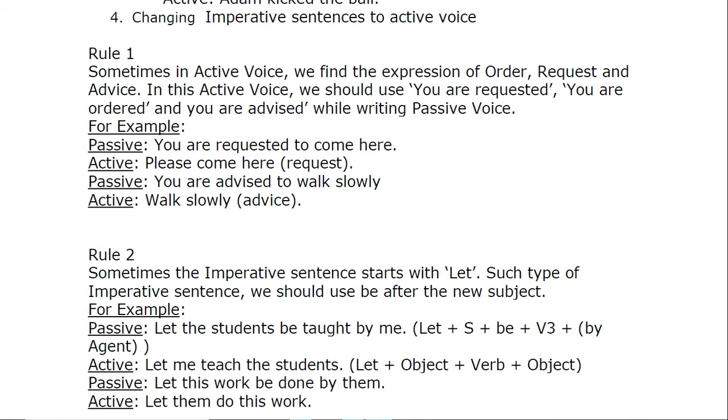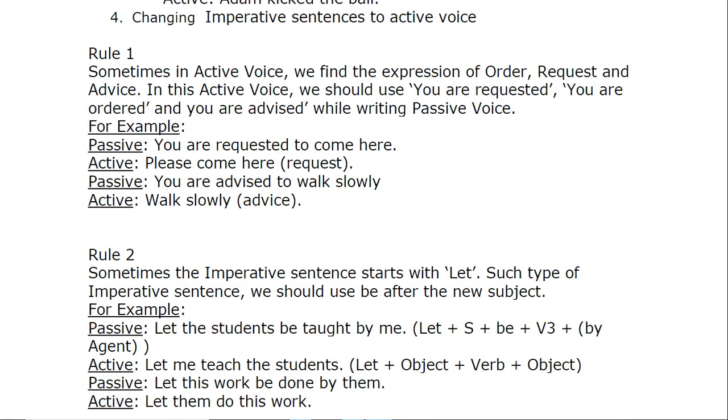What these sentences are doing, whether they're making a request, giving a command, or giving some advice. Okay. In passive voice, we should use you are requested, you are ordered, and you are advised. For example, passive is you are requested to come here.